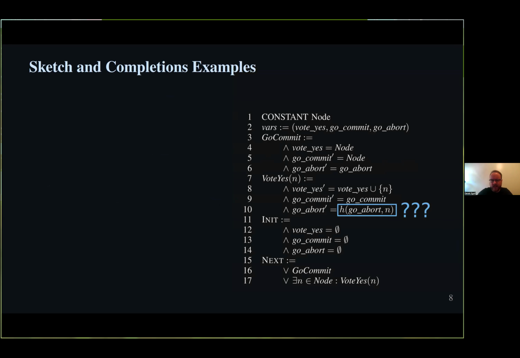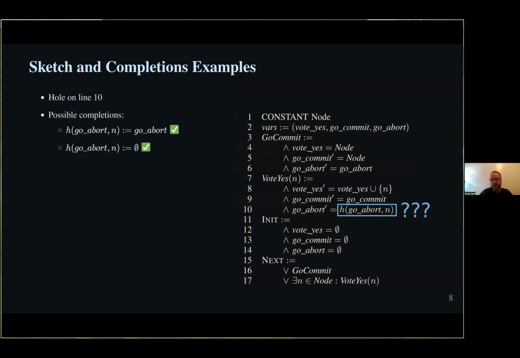And now just to give an example of a sketch and a completion. So this is the protocol that we've been working with, but as you can see, we've replaced on line 10 the expression there, and we've added a hole. So some possible completions of this protocol would be to replace that hole with the expression go abort or the empty set.